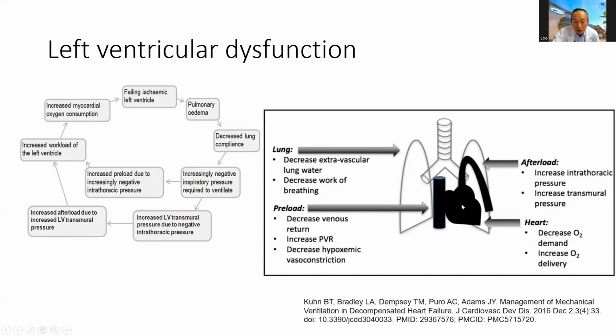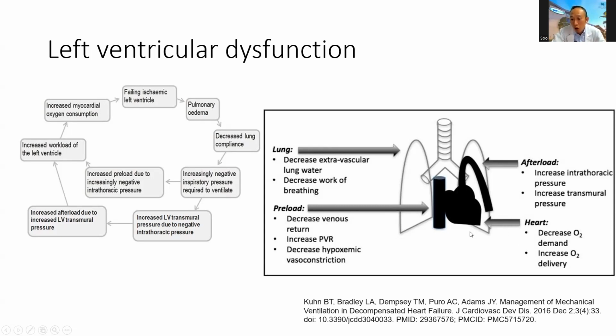The left side, if it is dysfunctional, is again a very dilated left side. So having a reduction in the preload helps reduce the volume loading of the left ventricle. And afterload is also decreased because you increase the intrathoracic pressure, reducing the transmural pressure.